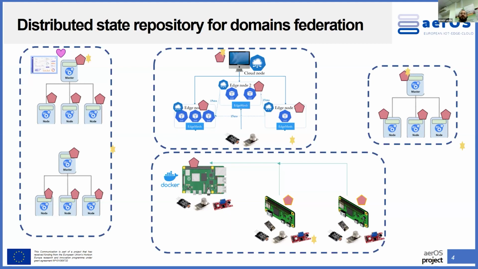But for the decision making, we thought about how to approach this, and we decided to create a distributed state repository for different domains. When computing resource domains are defined, which are rather heterogeneous, containing different technologies and processing architectures, we wrap them in conceptual domains, which can be local or distributed across different geographical locations, it doesn't matter.